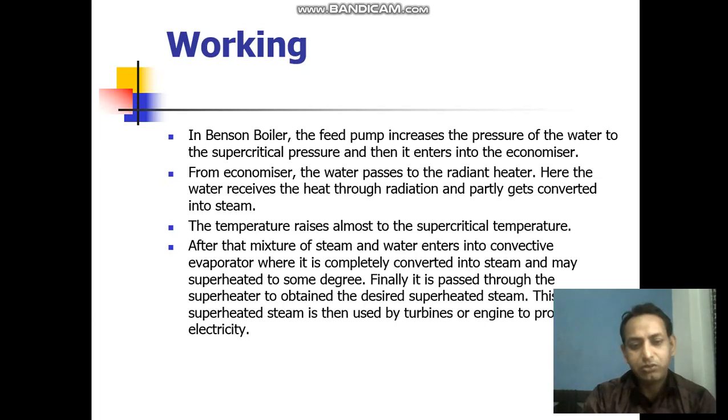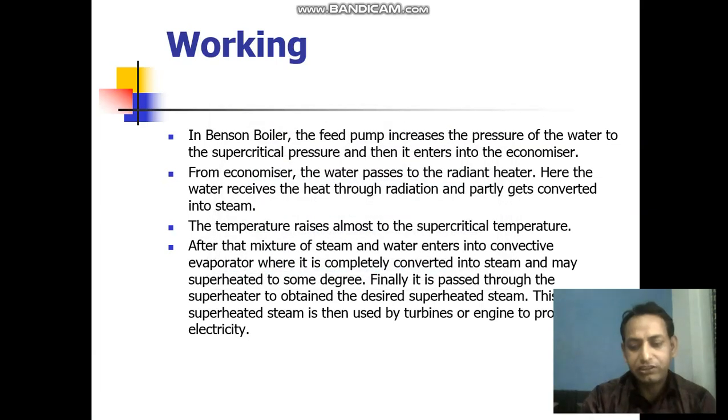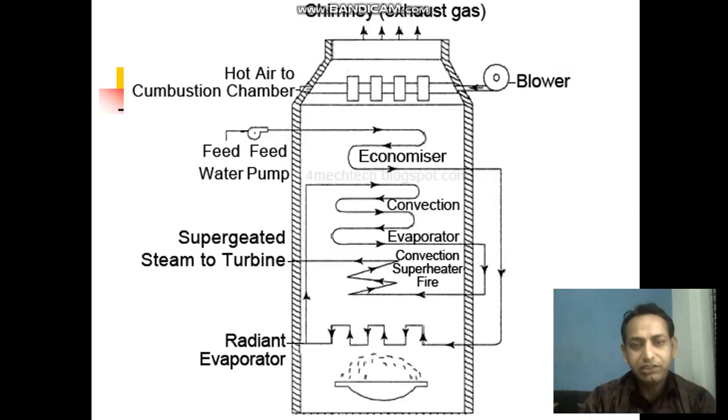Finally, it is passed through the superheater to obtain the desired superheated state. This superheated steam is then used in a turbine to run the engine to produce electricity. These are the basic layout of the Benson boiler.